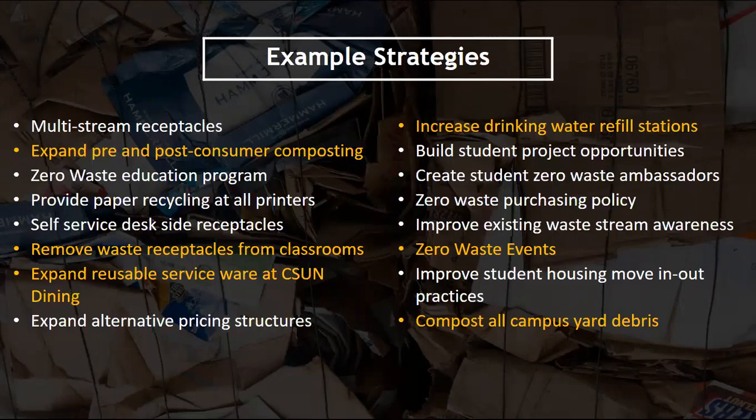The last one I'll touch on there is composting all campus yard debris. If you're not aware, all of our green waste, which is leaves, branches, twigs, some grass, and other green waste, is processed on site. This is done up between baseball and softball. We call it the PILE, which stands for Proactively Integrating Landscape Ecology.